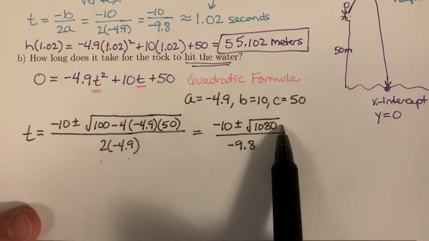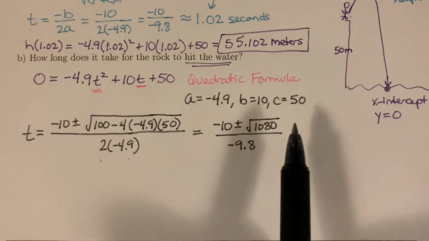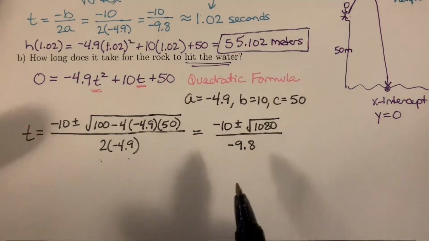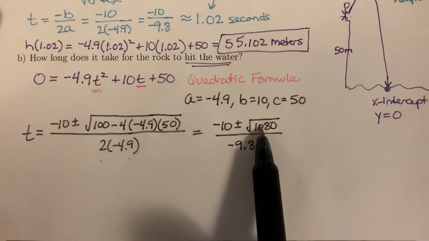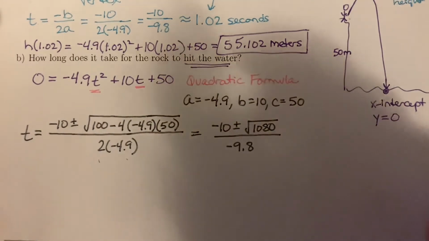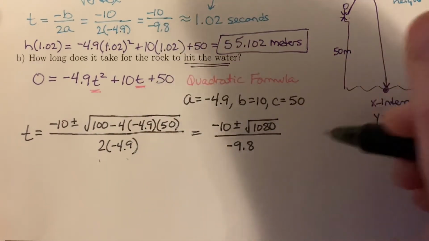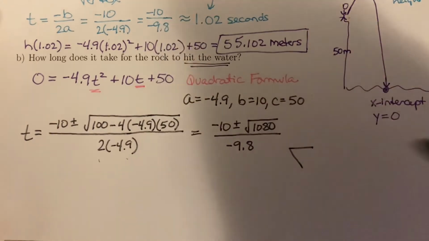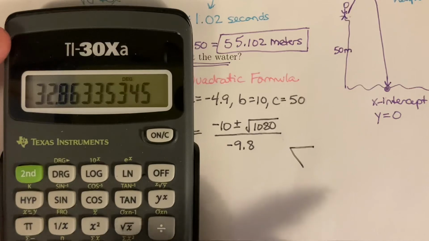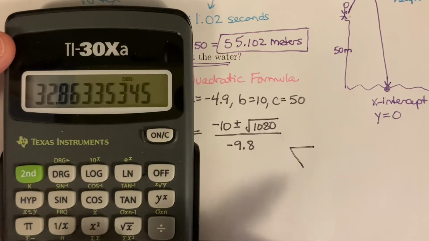And maybe we could simplify this, but they're going to want an approximation anyways, since this is a word problem. So we just need to take negative 10 plus the square root and divide, or negative 10 minus that square root. So let's do it. We got 2 different options. So let's say this was the square root.